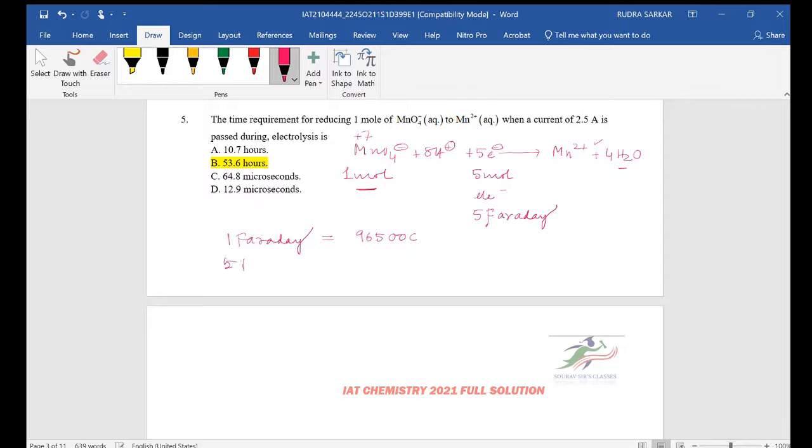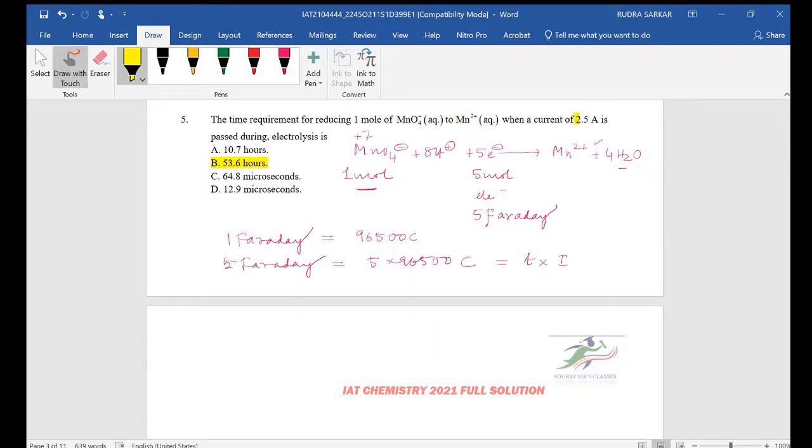So 5 Faraday, what we will say? 5 into 96500 coulombs, that is the entire charge, and that is equal to what? We will say time into current, which is I. Over here it is given to us.